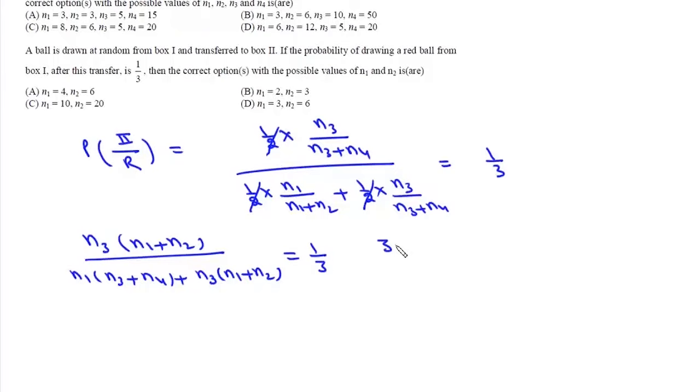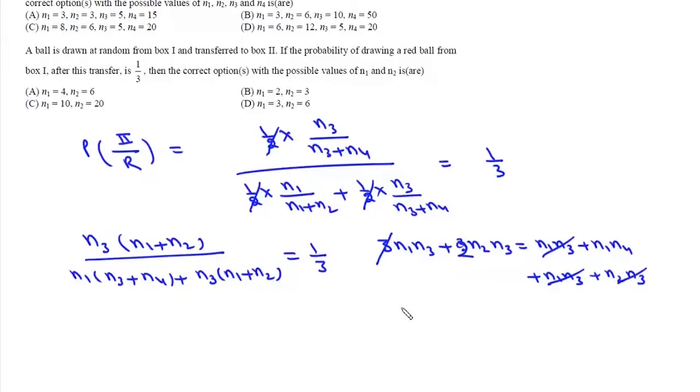Now we can write this as 3 n1 n3 plus 3 n2 n3, and it will be equal to n1 n3 plus n1 n4 plus n1 n3 plus n2 n3. Now n1 n3 twice will cancel here. Now this n2 n3 will be this 2, so we can write 2 times n2 n3 must be equal to n1 into (n4 minus n3).